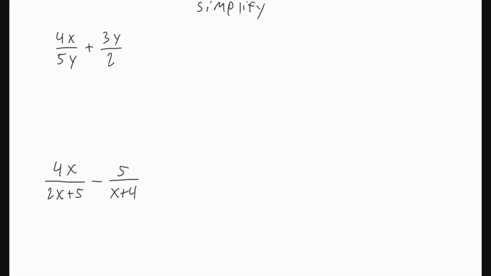And if we multiply 2 by 5y, we'll get 10y. So that's what we're going to do. So we multiply 5y by 2. And what we do to the bottom of the fraction, we also have to do to the top. And then we do the same thing on the other fraction, but instead we multiply by 5y.